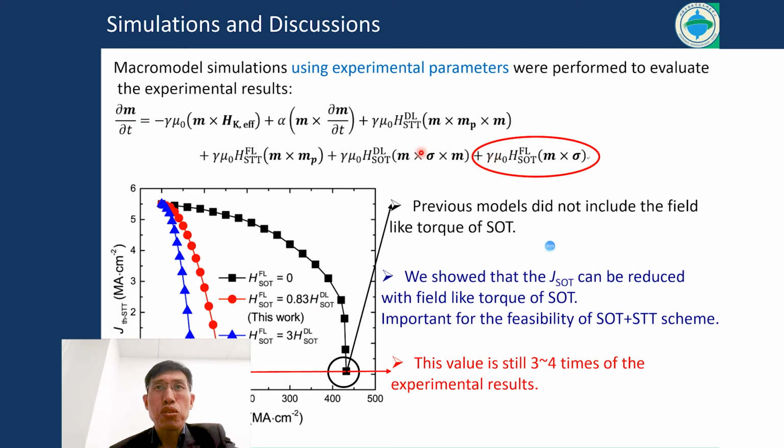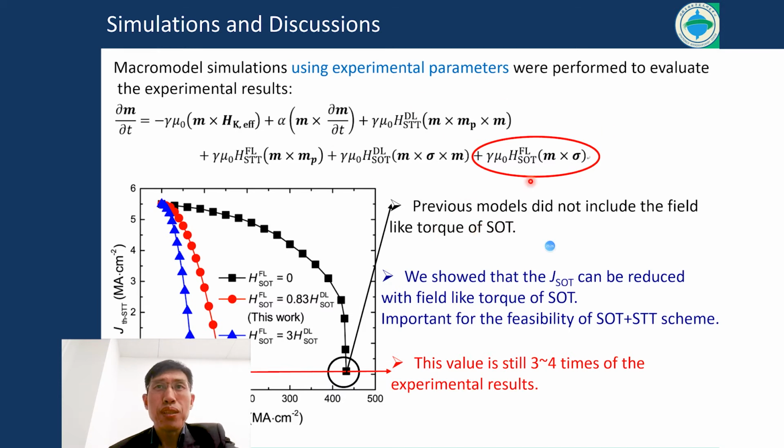Here we propose two terms beyond the STT term. We add the DL, the damping-like torque term of the spin orbit torque mechanism, and here is the field-like torque term of the SOT contribution. Previous models did not include the field-like torque of SOT.